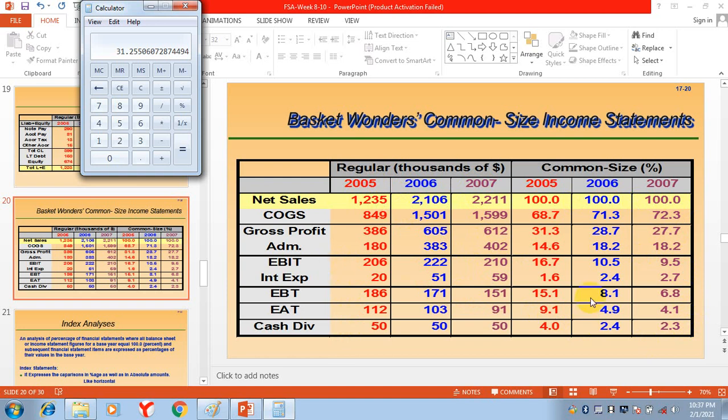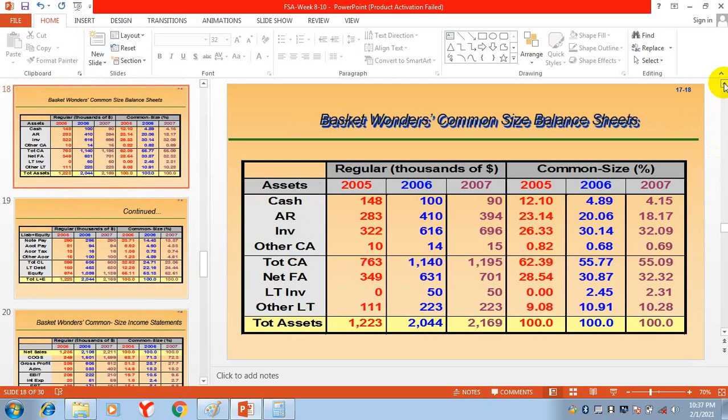Now, the main thing is not converting it to percentages. The main thing is to get an idea from this. Cash was 12%, it comes down to 4.89% and again comes down to 4.15%.